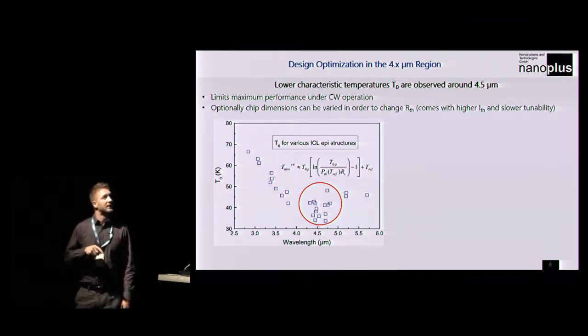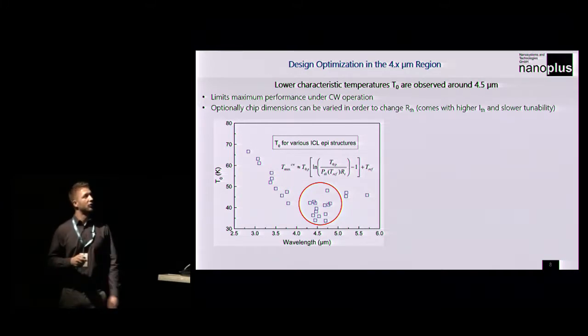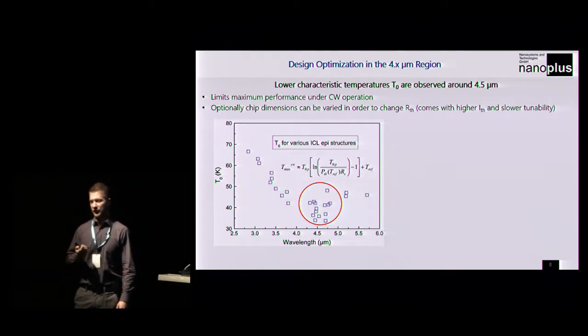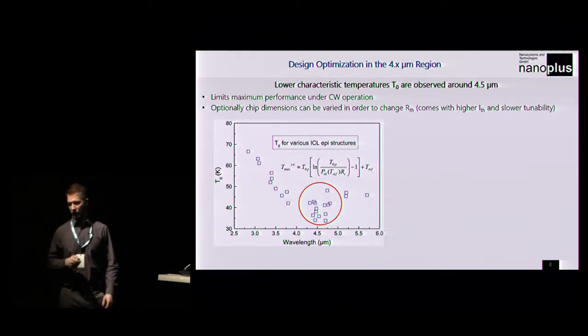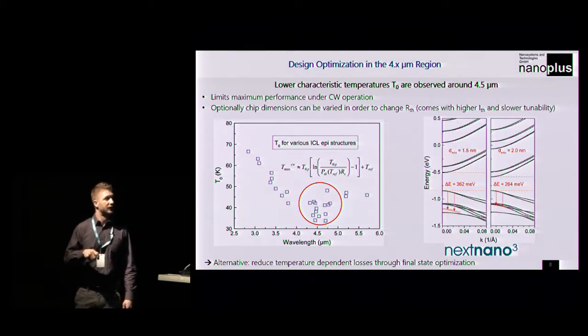This is really essential, because you want to have a high characteristic temperature to have a laser which operates in CW, or continuous wave operation, at room temperature and above. And here you have a drop in this T0 value, which we wanted to look into in more detail.